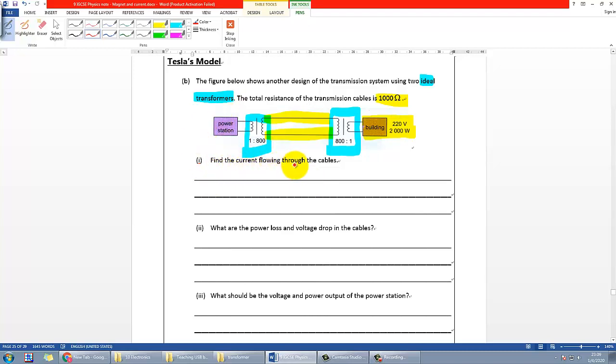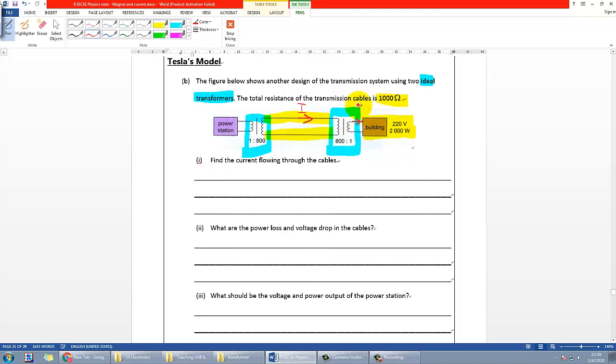Part 1 is asking you the current flowing through the cable. Although I know it's AC, let's just draw it so that you all can have a better idea visually. Before we calculate I, we actually have to calculate something else first, because there's no way we can calculate I directly. The first thing we have to calculate is the current within the secondary coil, which means on the building side.